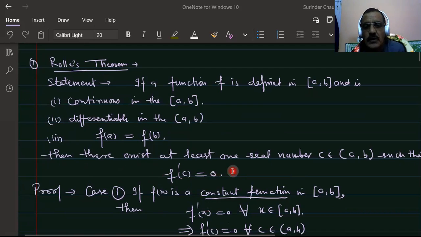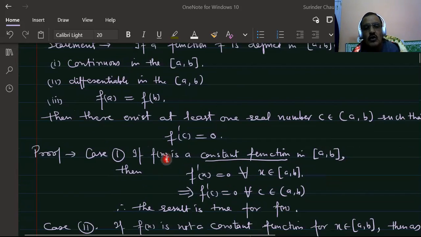Now two cases will arise. Either f(x) is a constant function or f(x) is not a constant function. Case one: if f(x) is a constant function in the whole interval, the domain of the function, its derivative will be 0 for all x.